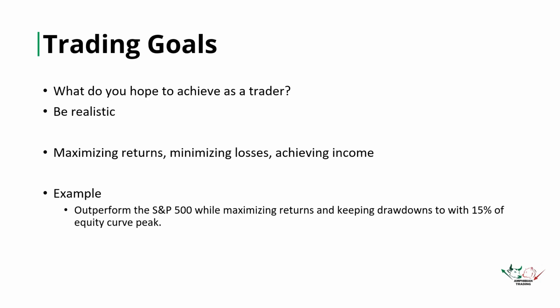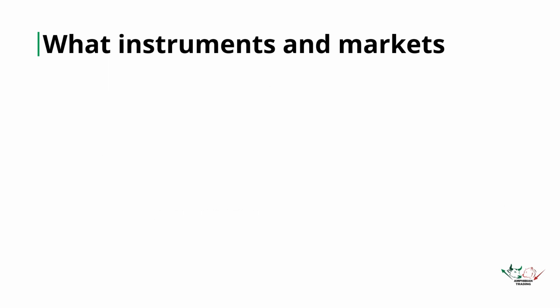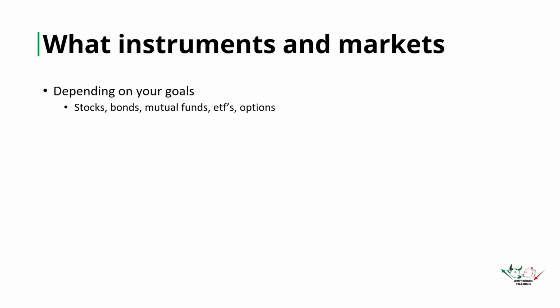Now, with that goal in mind, your next step is to decide what instruments you will trade to make that happen. Depending on what you write down as your goal, you might choose to trade stocks, could be bonds, mutual funds, exchange-traded funds, or options. So building on that previous example, the next section might look something like this.